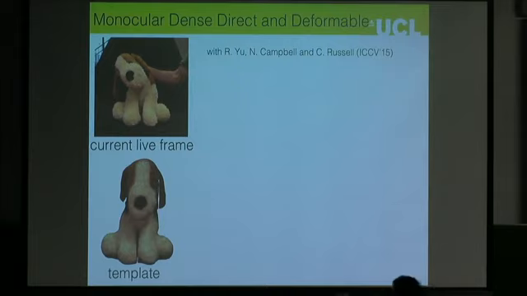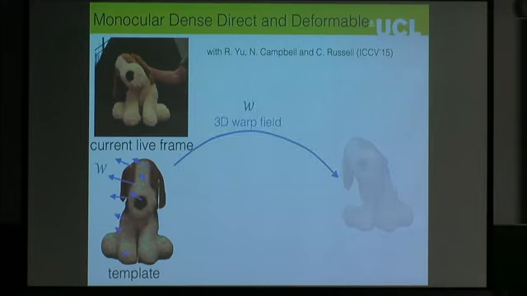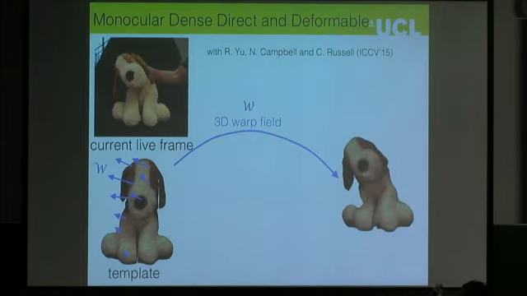We have a template that describes the geometry of the object in some rest shape, and we also associate a color with each of those vertices on the template. And of course when we get the current live frame, this will be deformed with respect to the template, and we need to estimate a 3D warp field that will align or deform, in this case this dog, so that it's actually aligned with the current image.